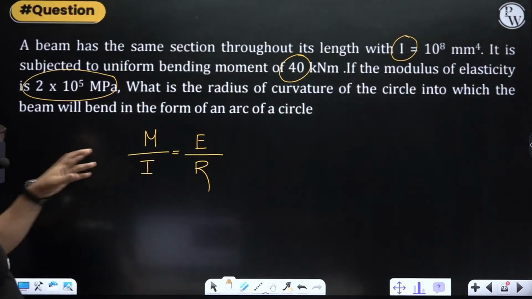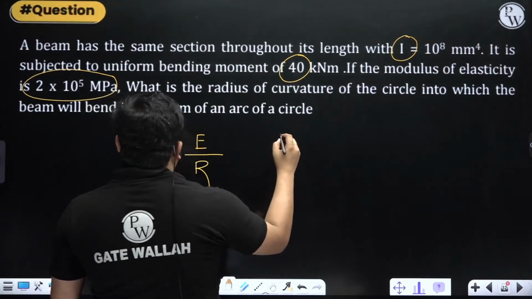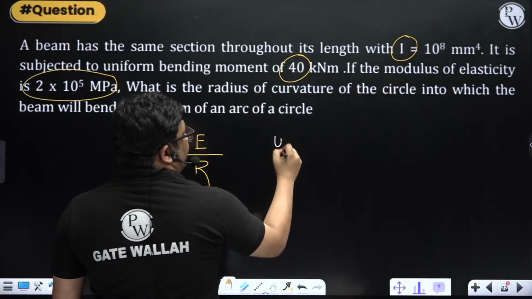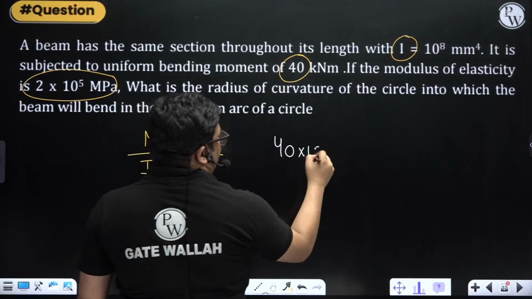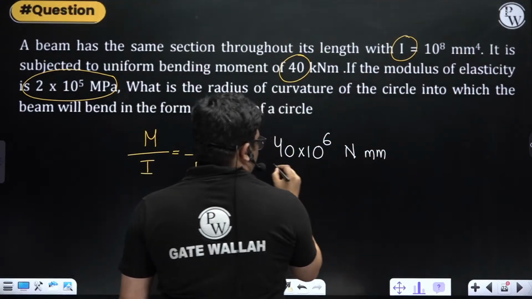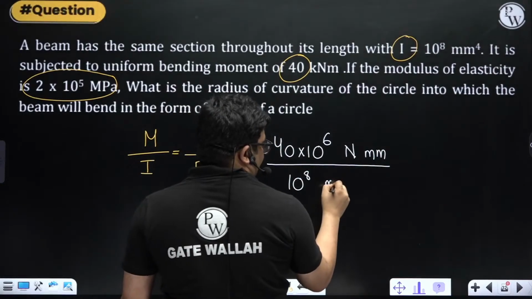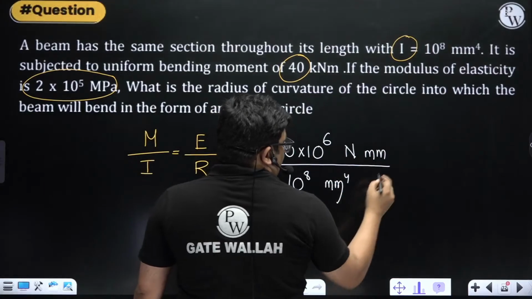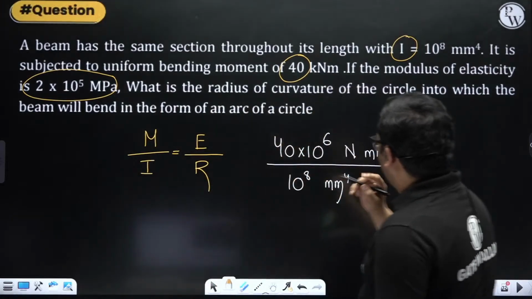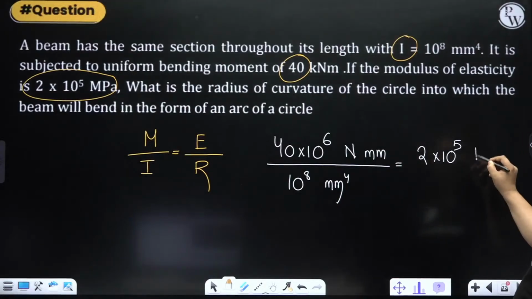M, I am converting to 40 into 10 to the power 6 Newton mm. Then your I is 10 to the power 8 mm^4. Then E is 2 into 10 to the power 5 Newton per mm square.